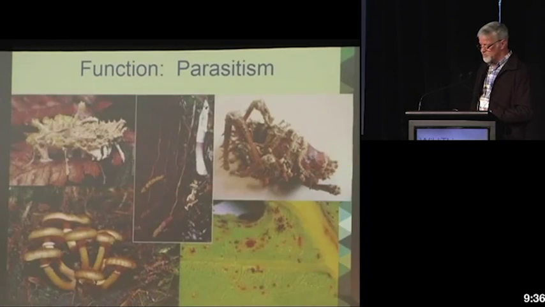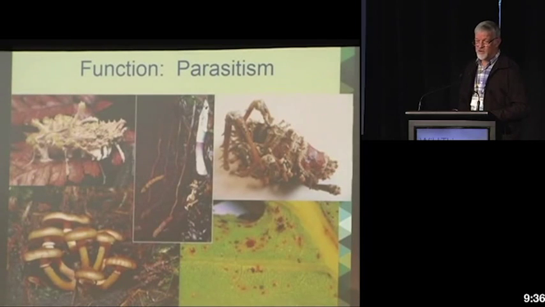Moving on to parasitism, the third main function. Fungi can't make their own food. They have to live on something else. They can live on dead organic matter, they can live with the roots of plants, they can live with algae and form lichens. Or in this case, they can live with living things and maybe kill them, or partly kill them.